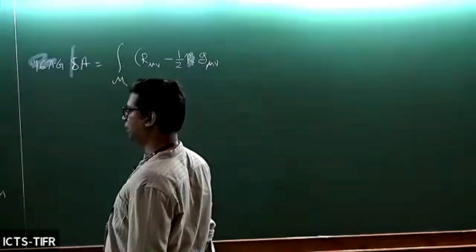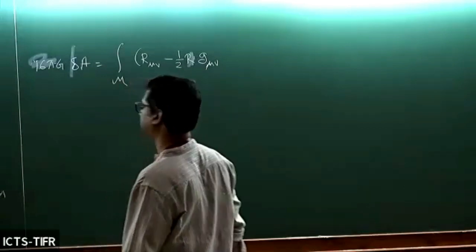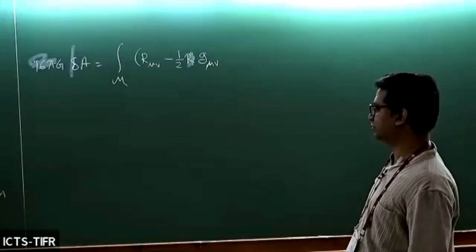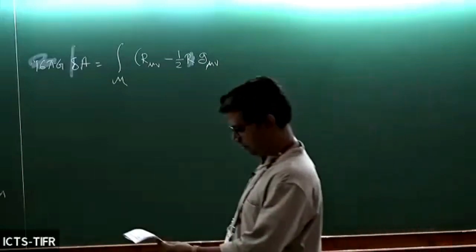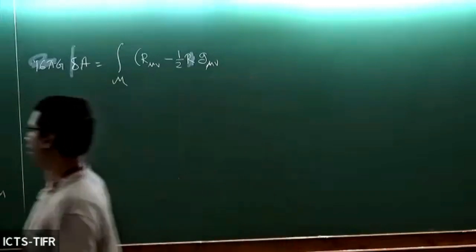Is it clear how the R came? Everybody? Is it clear? Did I miss anything? No, R mu nu? No, there is an R. Sorry, yes, of course. I missed this capital R. Look, this is R square root of minus g; there is the variation of the square root of minus g.